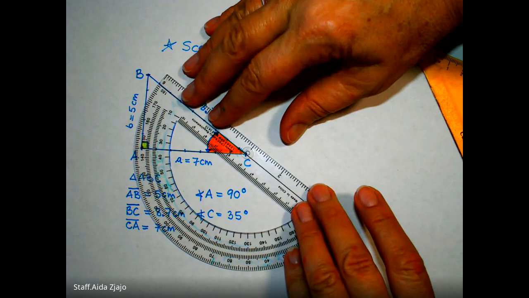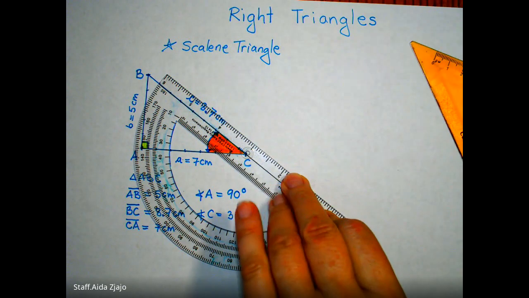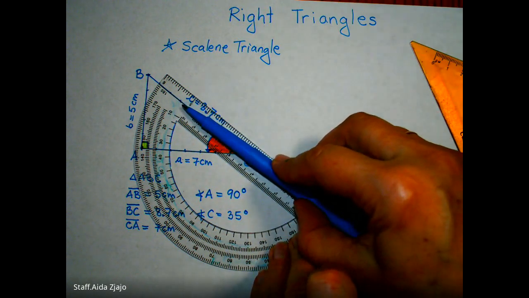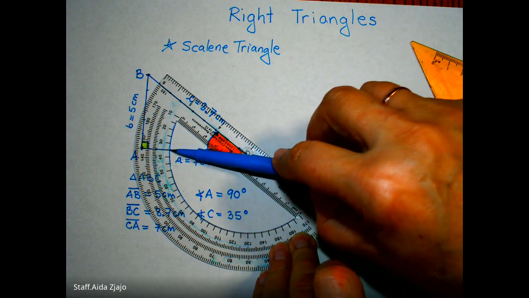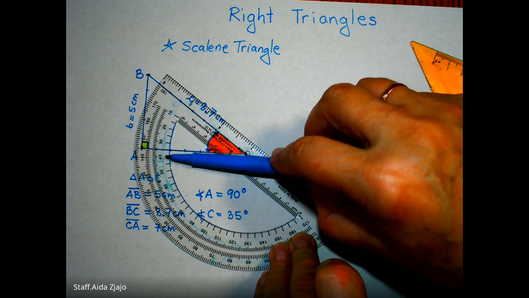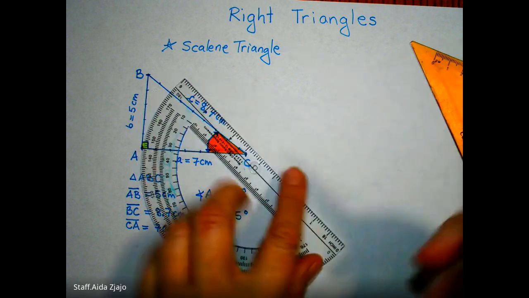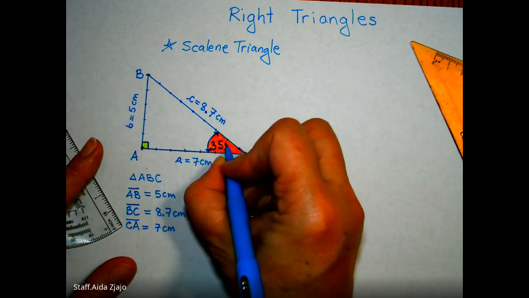Then I can look, the 0 is inside, and I can say here is the 0, 10, 20, 30, and 35 comes on my line in between 30 and 40. That is my angle, 35 degrees.